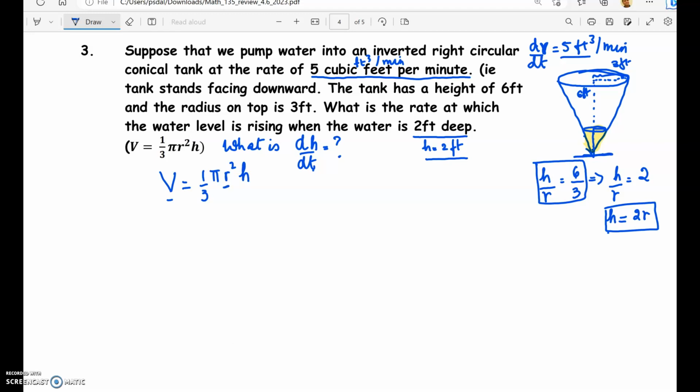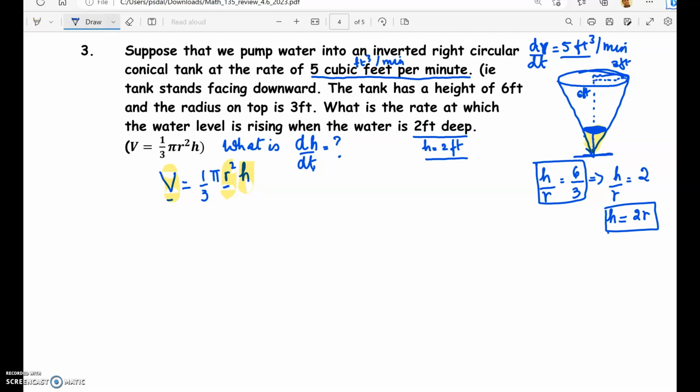As the water level rises, the radius of the surface on top is also increasing, so that's a variable. And h, the height, is also increasing, so this is a variable, this is a variable, and this is a variable. So V, r, and h, all three are variables.